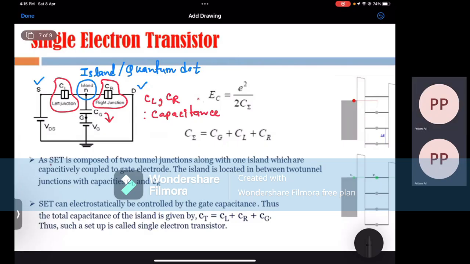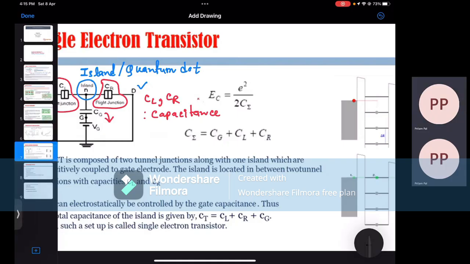So this island is located in between two tunnel junctions with capacitances Cl and Cr, shown over here. This single electron transistor can be electrostatically controlled by the gate capacitance. The total capacitance of the island is the left side capacitance, the right side capacitance plus the gate capacitance contribution, and such a setup is called the single electron transistor.